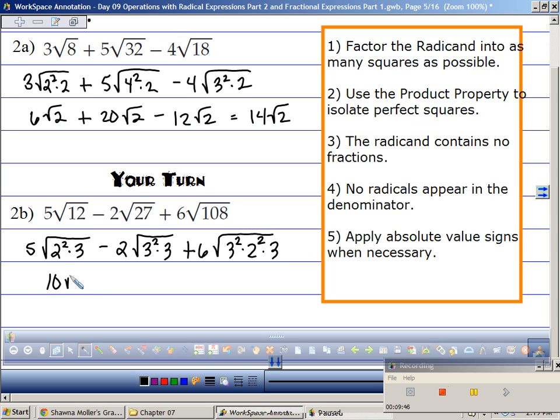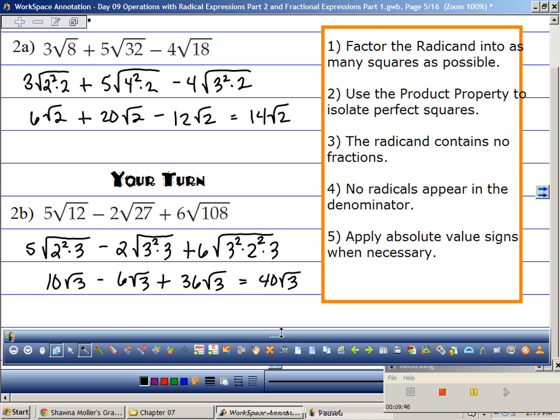So 5 times 2, this is 10 root 3 minus 6 root 3 plus 36 root 3. 36 minus 6 is 30 plus 10 is 40. 40 root 3. Questions?